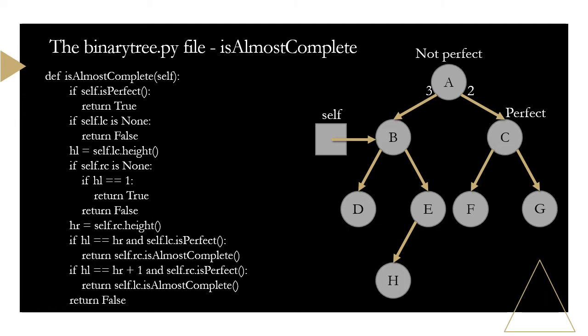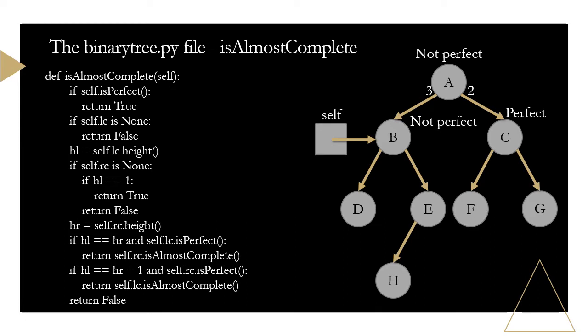Start from the first line of code. Check if the tree rooted at B is perfect. It is not perfect. So the first if is not met. Does B lack a left child? No. The second if is not met.